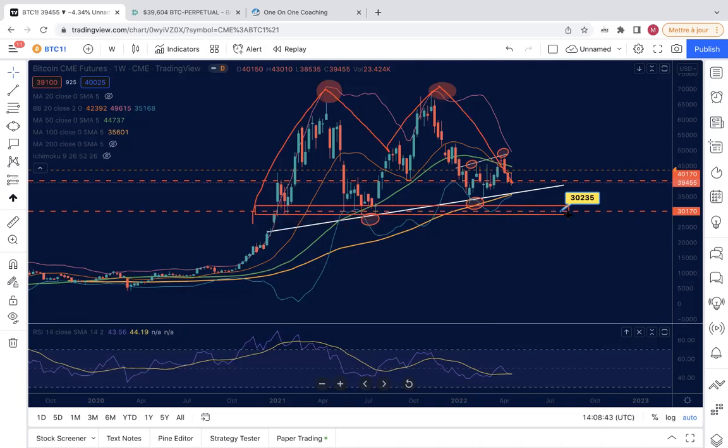The neckline is here, so we can see that it now looks like the Bitcoin is going there. We have no catalyst to buy. In fact, each time the Bitcoin rebounds a little bit, we have again a drop, again a drop.